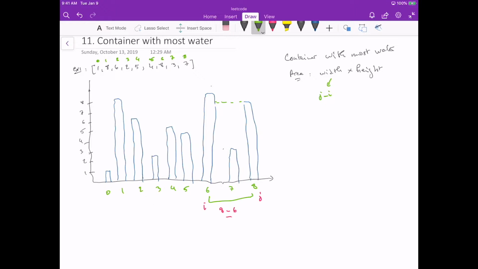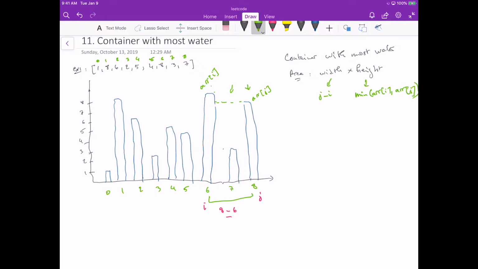And then the height, what is the height? The height is limited by the smaller one, because with the bigger one you can't put water there, since there is nothing to hold it on this side, right? And so the height is just the min of the two sides. Since we said i and j, this one is array of j and this one is array of i, so it's just the min of array i and array j.